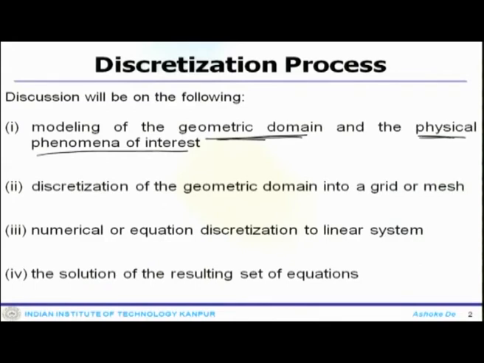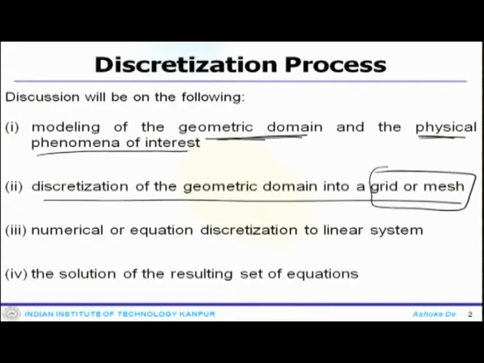So, one part is the geometric domain and the other is the physical problem. Then you need to discretize the geometric domain into a grid or mesh. This is a very important point: once I have a geometric domain in hand, I need to make it into a finite number of grid points, or what we sometimes call a mesh, over which we will have the solution. Then you discretize the numerical equations to get a linear system.